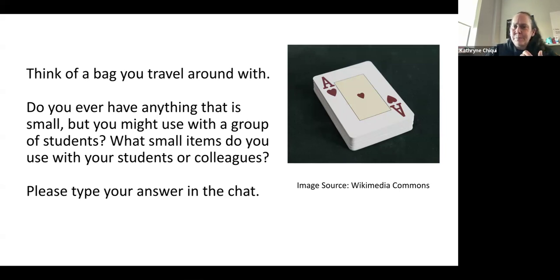And if you use decks of cards with your students, what kind of things do you do with them? Ooh, counting games. Oh, probability. That's a really good one, Jamie.